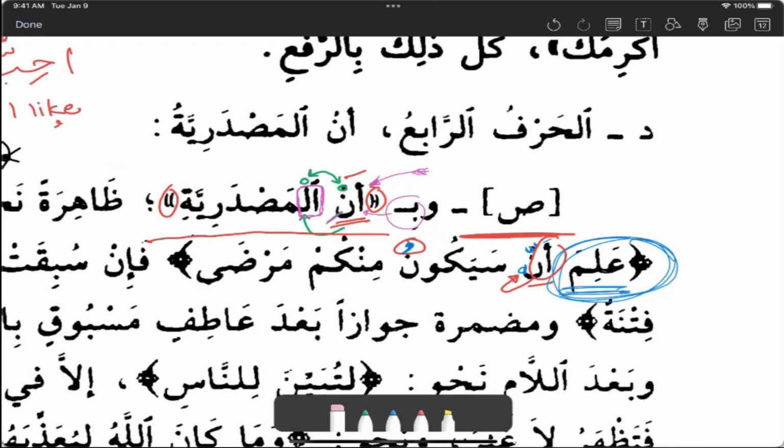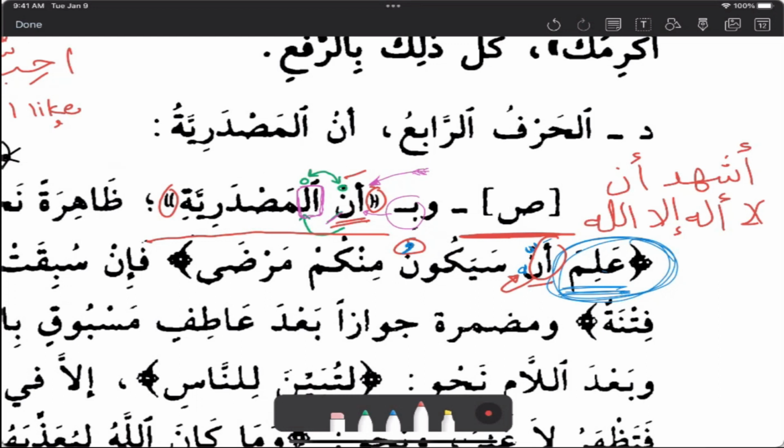That's just like in the shahada. When you say, ashhadu an la ilaha illallah, it really means, ashhadu bi annahu la ilaha illallah. Let me write it for you. Ashhadu an la ilaha illallah. What you're saying really is ashhadu bi annahu la ilaha illallah.